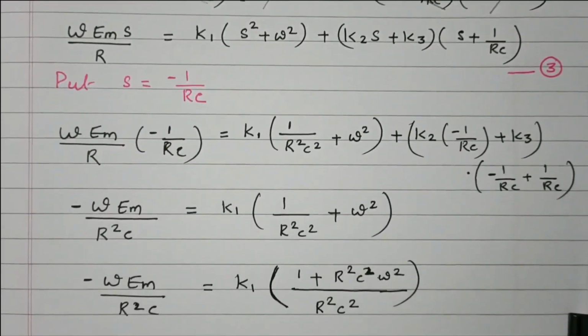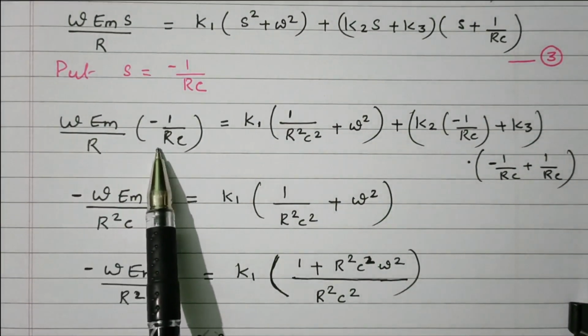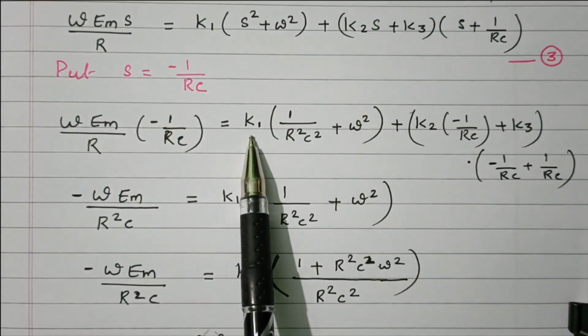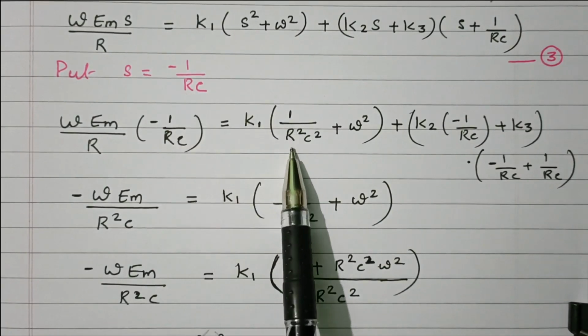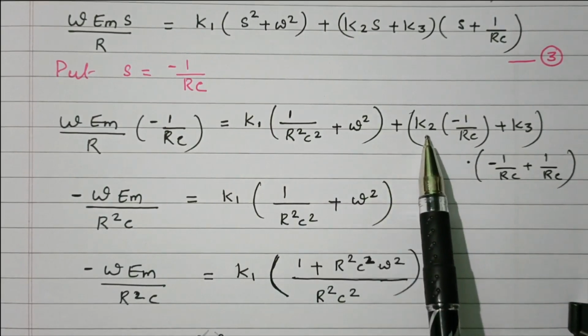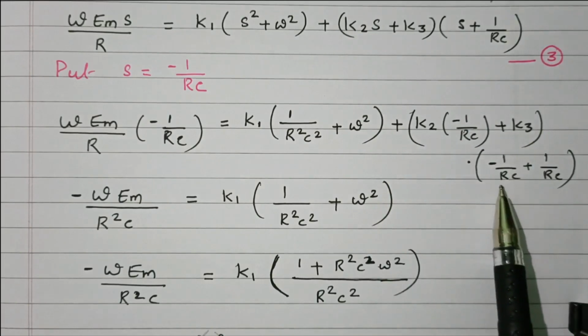Now we will see how to find k1. Omega Em by R into s, where s is minus 1 by RC, equals k1 into s square. So minus becomes plus: 1 divided by R square C square plus omega square, into k2 into s, where s is minus 1 by RC, plus k3 into s plus 1 by RC, where s is minus 1 by RC.